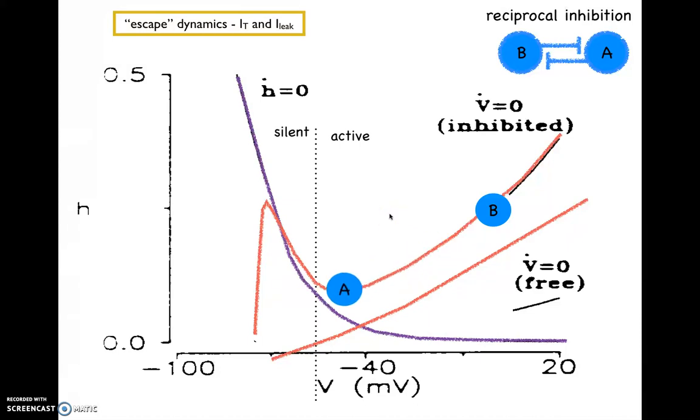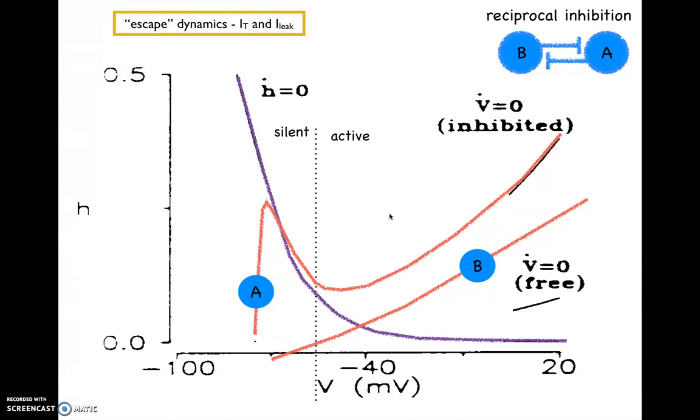Both A and B are going to slide down the inhibited voltage nullcline until neuron A here drops off the knee. And when it does so, it'll drop to here because it's still inhibited. B is currently active, right? But now A is silent, and so B needs to move to the free nullcline. All right, so we've just gotten started here.